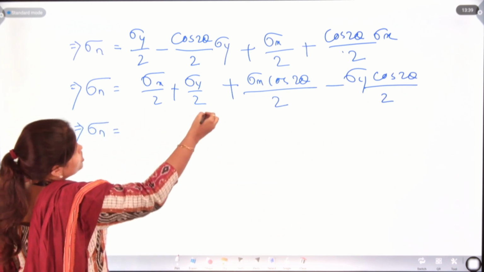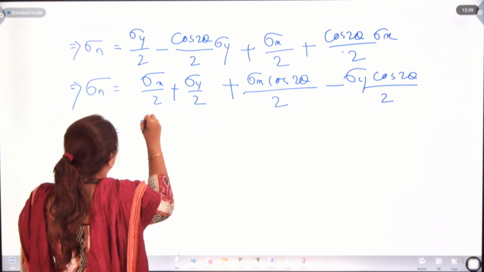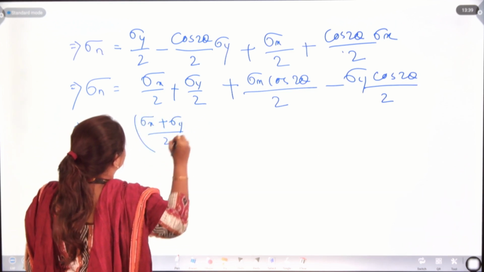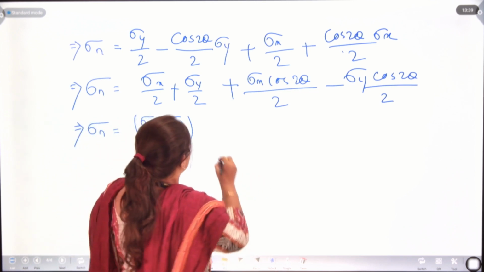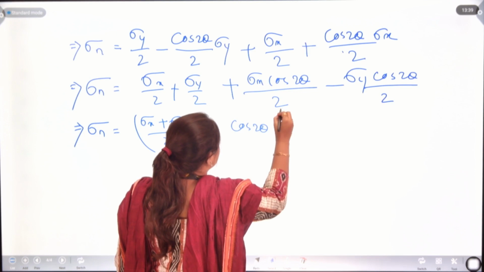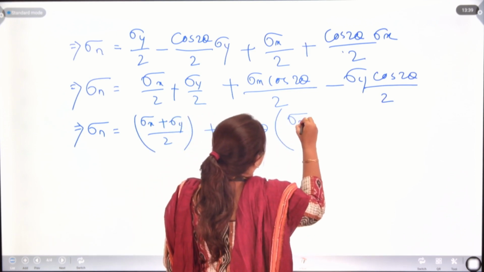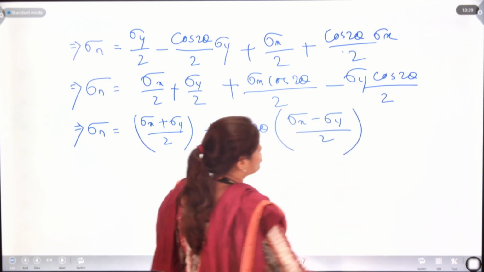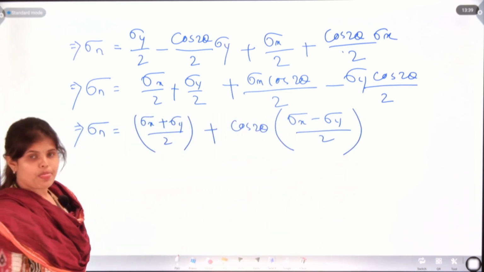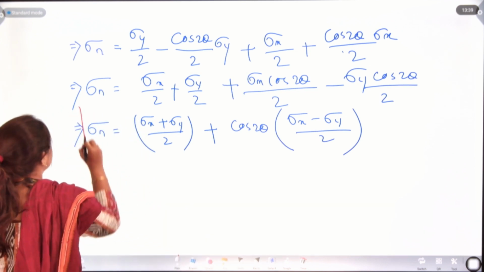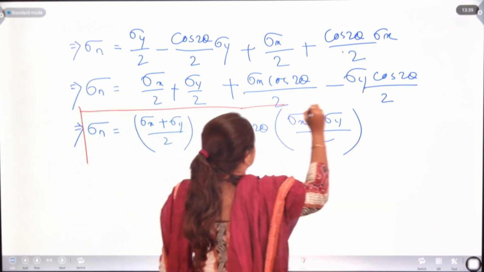If we just beautify this equation, we will have sigma x plus sigma y by 2, and if we take the common cos 2 theta, we will have sigma x minus sigma y by 2. Okay. So now we have the equation for normal stress.